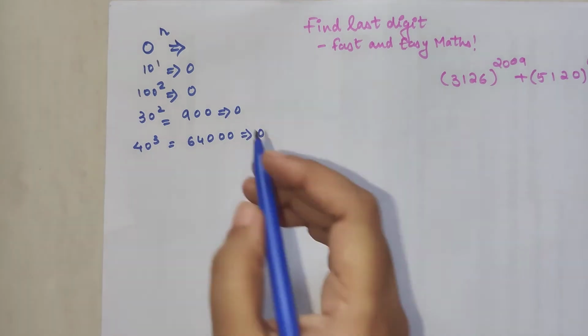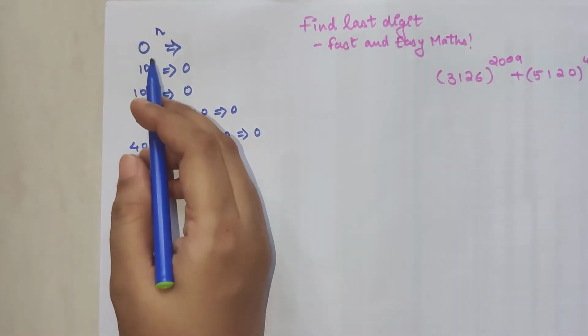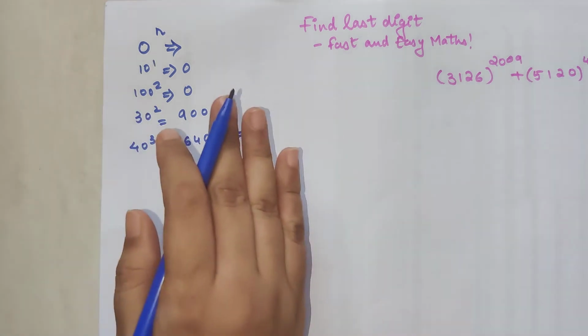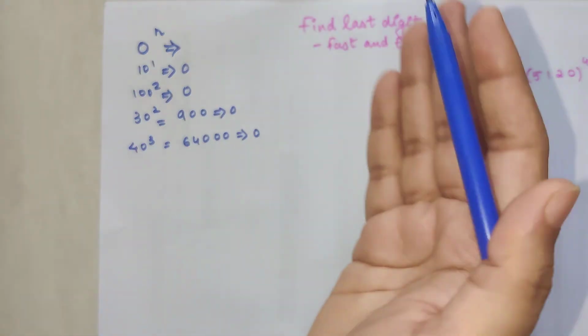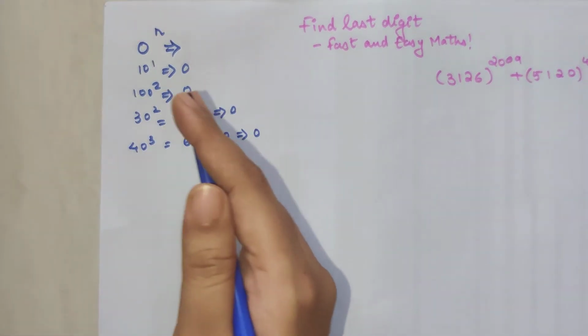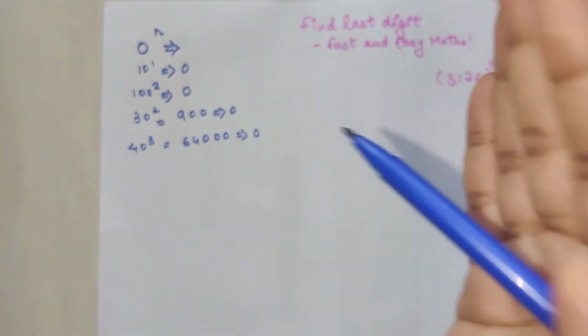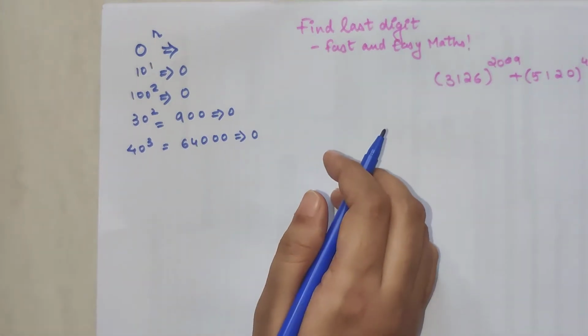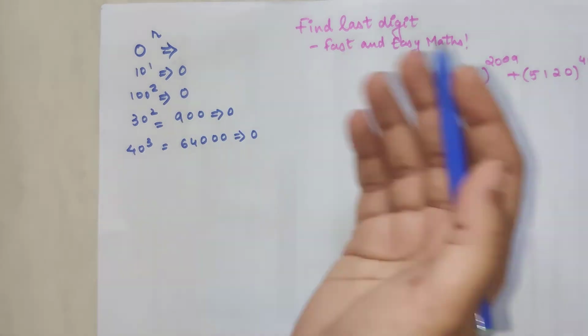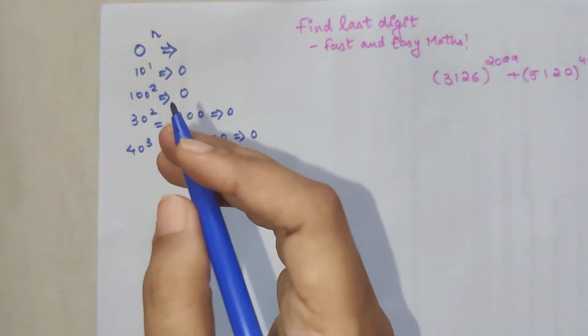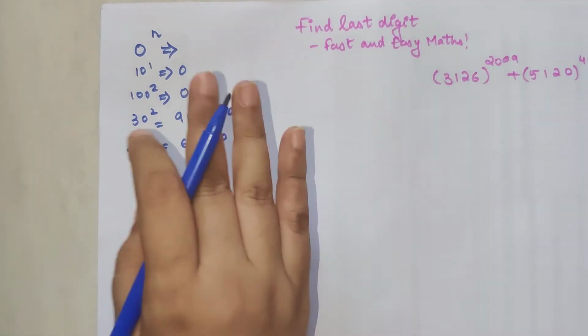So now can I say that any number which ends in 0 and is raised to any positive integer, my answer in that case will be 0 directly.